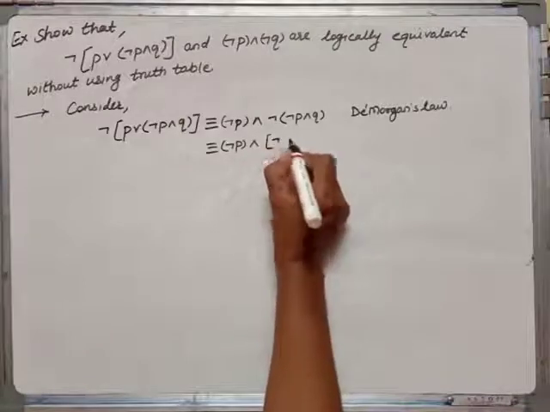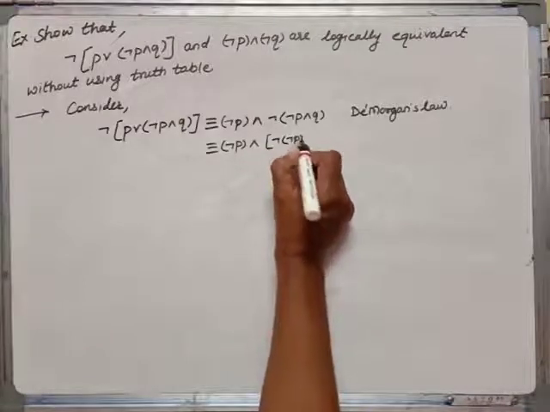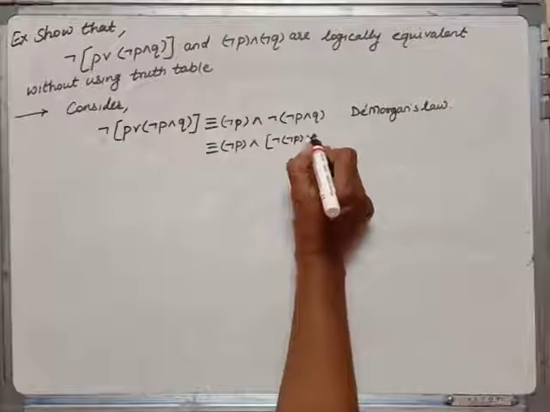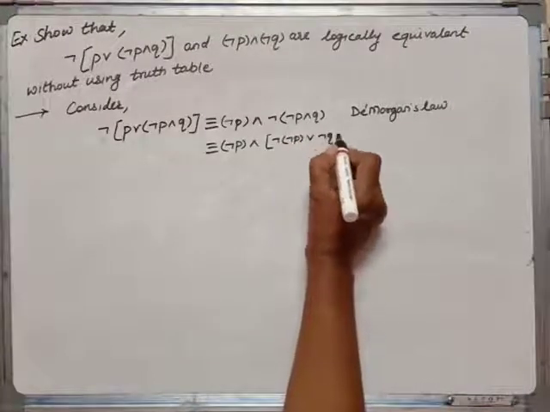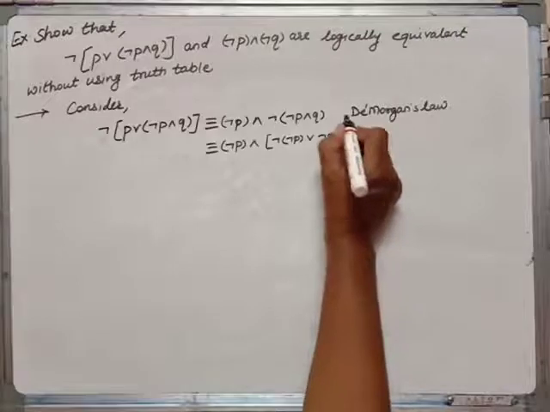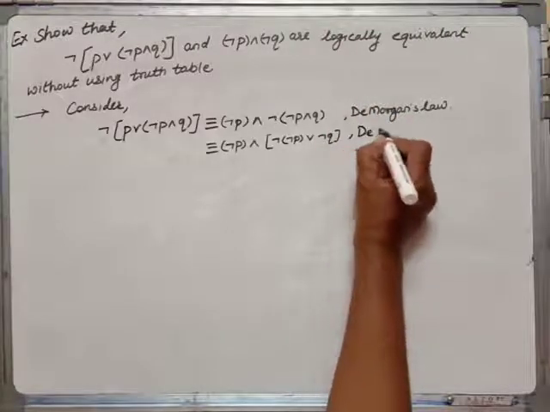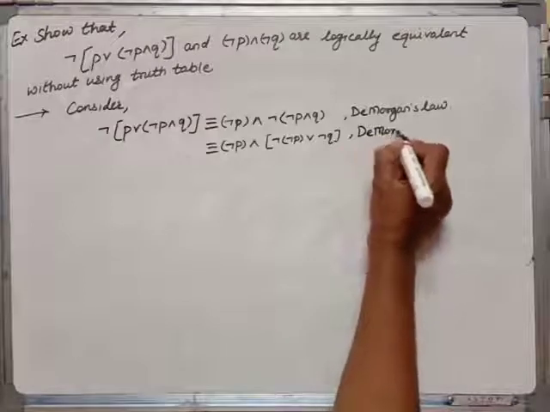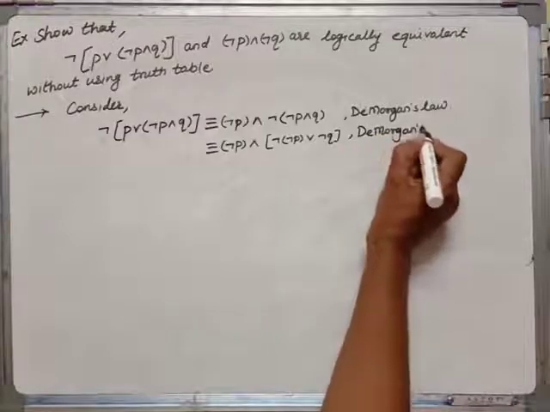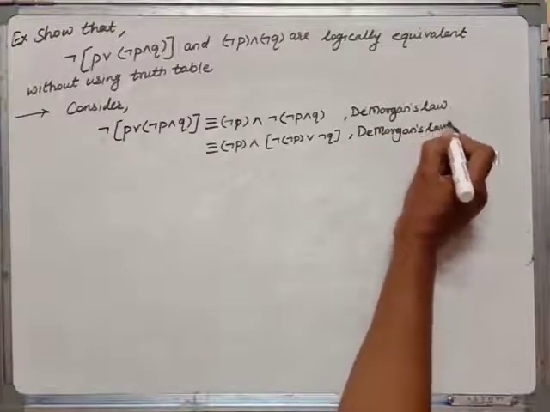I will get negation of negation P, and this and will become or negation Q. This is also by De Morgan's law.